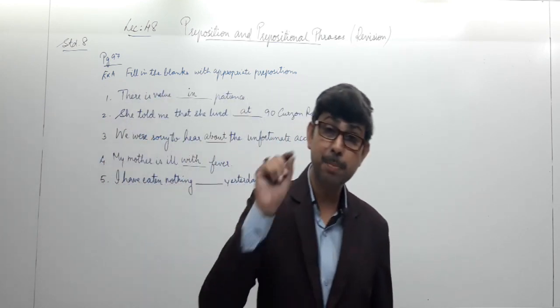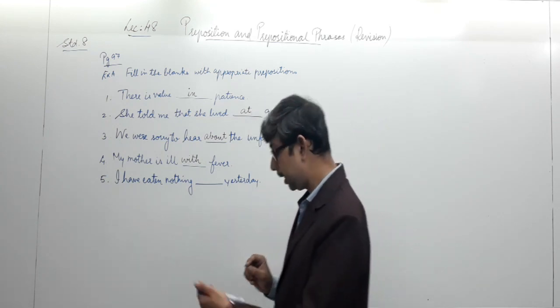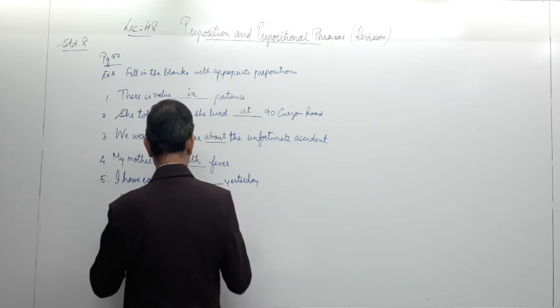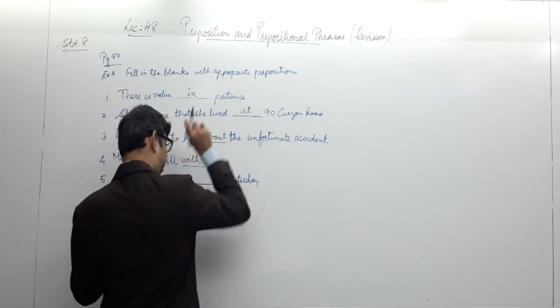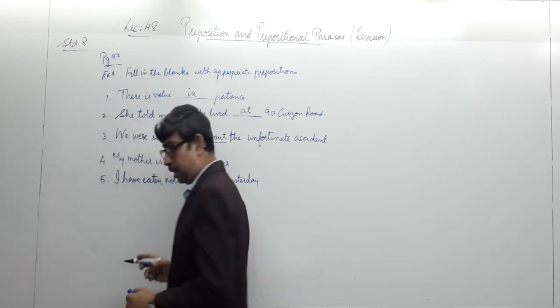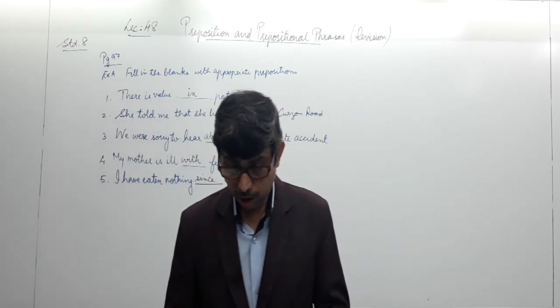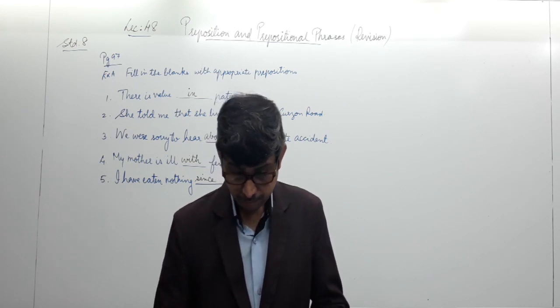So we will be using a specific point of time, and the word will be nothing else but since, as we had in the example. I have eaten nothing since yesterday, from that particular point of time. Earlier lecture we learned about since and for, its usage. I hope you can recall that.